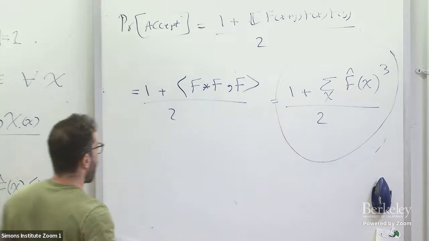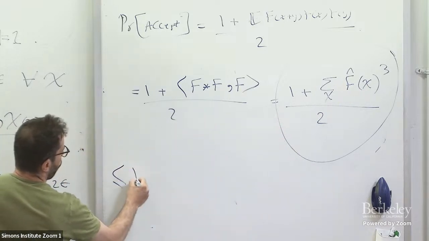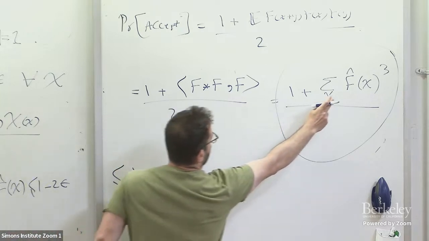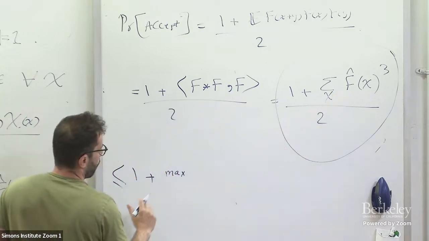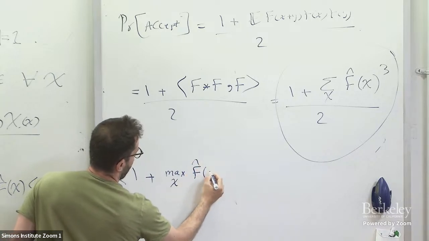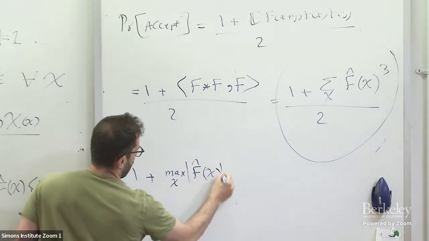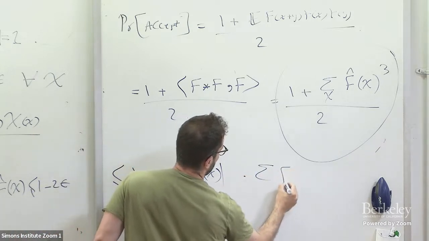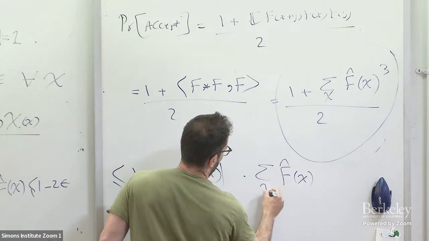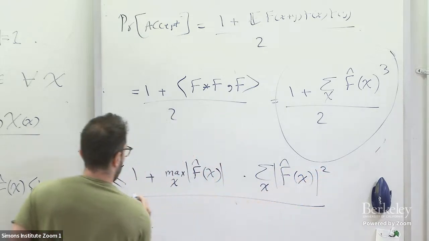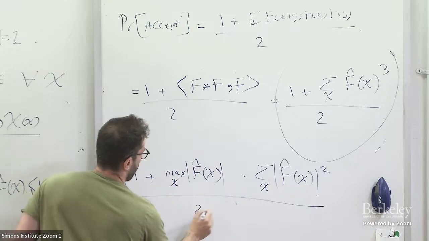So I can upper bound this by 1 plus the maximum over i of f hat of i, times the L2 part, divided by 2.